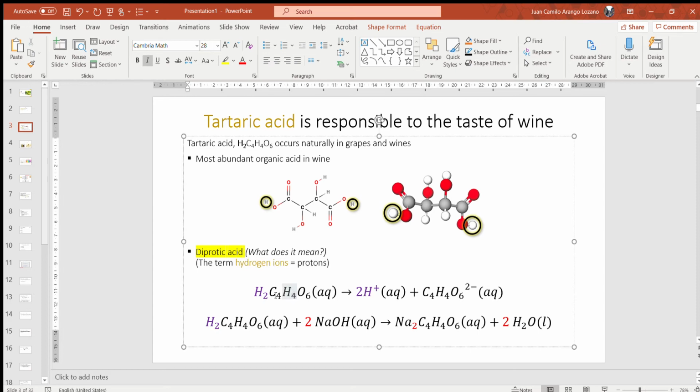This is the reaction, this is the dissociation of the tartaric acid, where you have 1 mole of tartaric acid, which is going to be dissociated into two protons or two hydrogen ions, as I just told you, plus the counter-ion. And in the whole equation for the titration you will be performing, you will be reacting 1 mole of tartaric acid with 2 moles of sodium hydroxide, which is going to be your base, to have in the end these products.